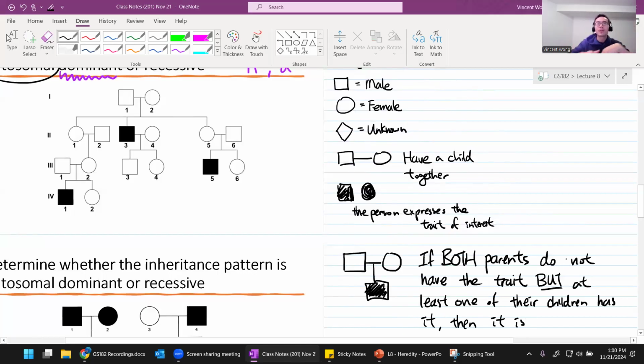Since we only have two choices, it's either dominant or recessive, then we can say it is recessive.